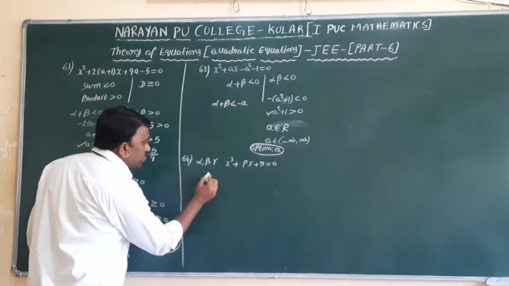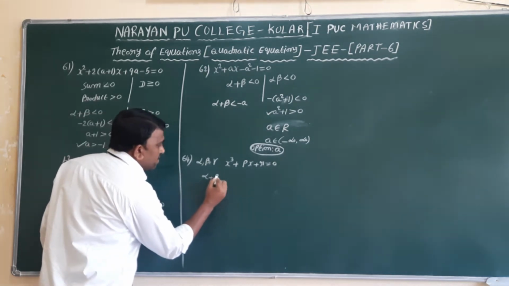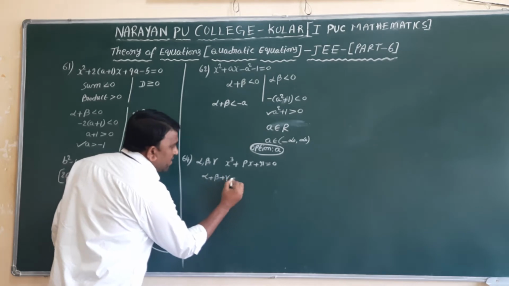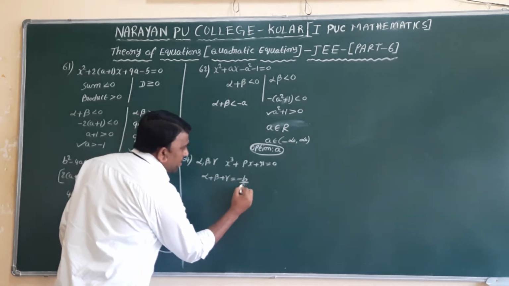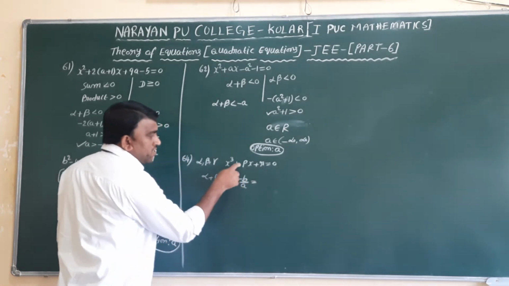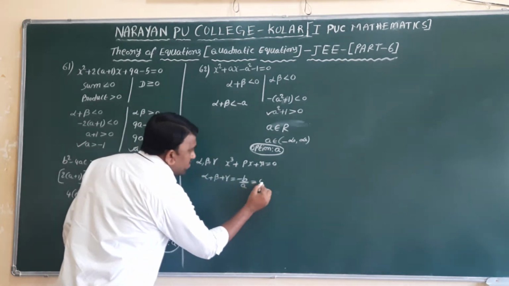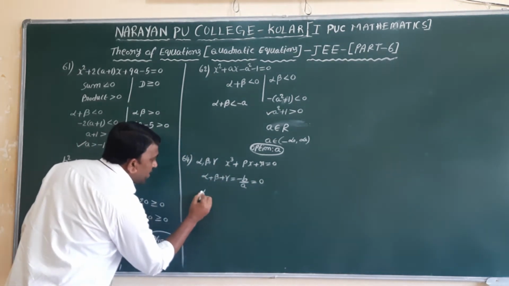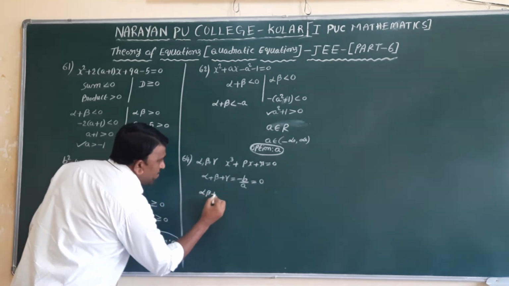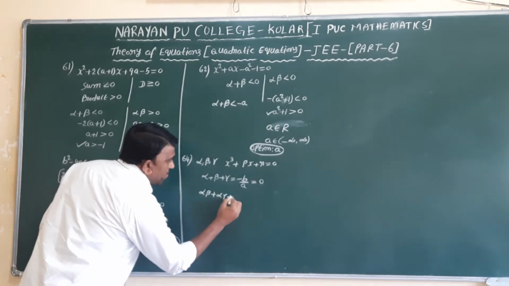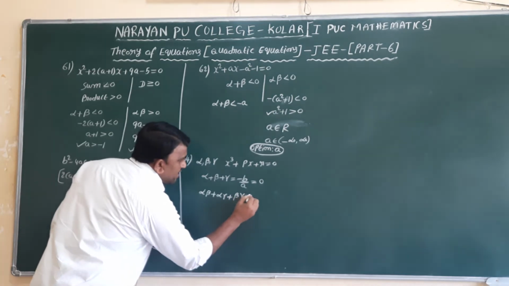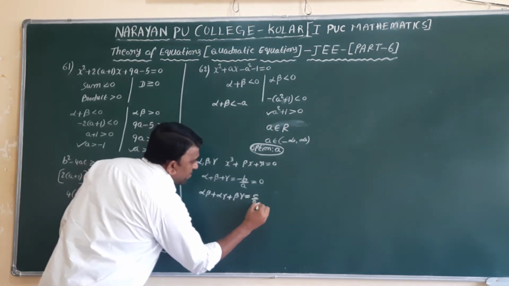First, the sum of the roots we can calculate. Alpha plus beta plus gamma equal to minus b by a. Minus b means x square coefficient here. Here there is no x square, so that value is 0. Next, alpha beta plus alpha gamma plus beta gamma is equal to c by a.